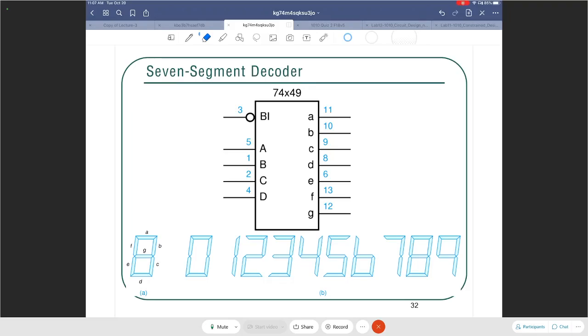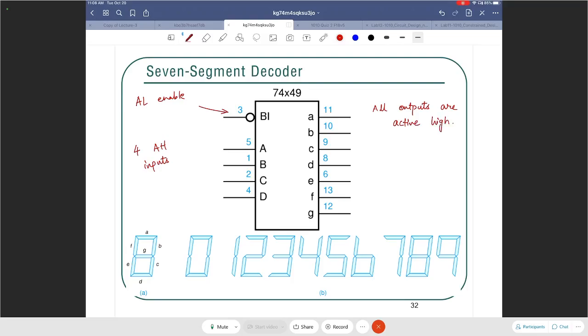It has one active low enable, then it has 4 active high inputs, and all outputs are active high as well.